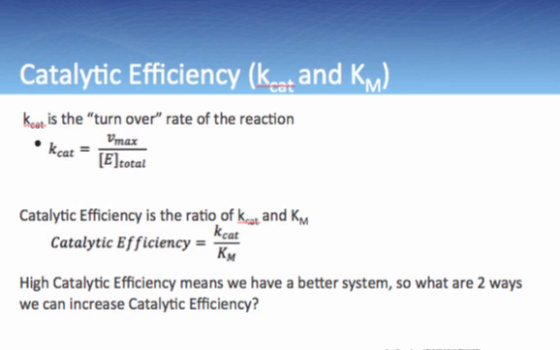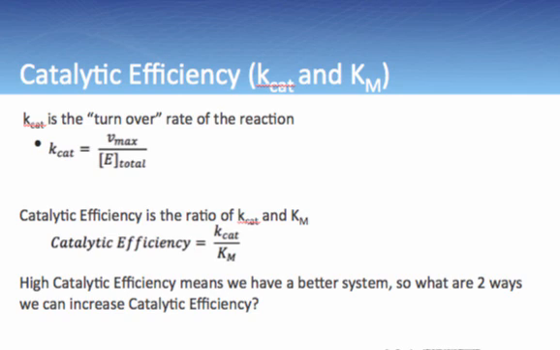And so if you want to make a high Kcat, you can either decrease the total enzyme concentration, or you can increase Vmax. Now, actually doing that is pretty difficult because we can't change too much of that, but Kcat is just the ratio of the Vmax of the reaction compared to the overall concentration of enzyme.